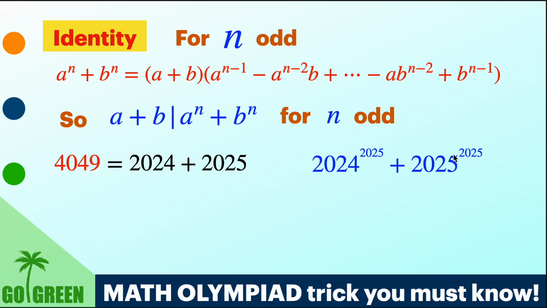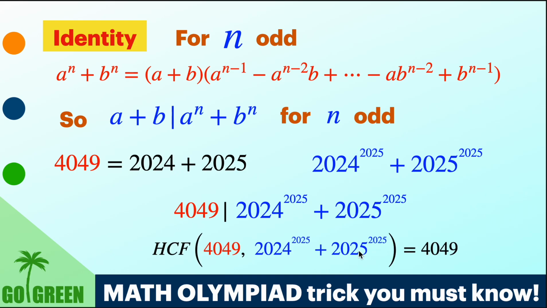Therefore we can say 4049, which is the sum of these two, divides this big number. Now we are in a situation where the smaller number divides the bigger number. Then what is the HCF? The smaller number, that is the highest common factor. So that was the trick, and we have used it successfully.